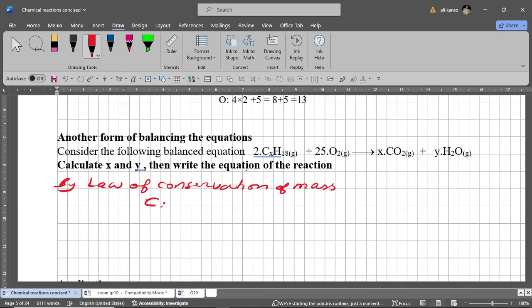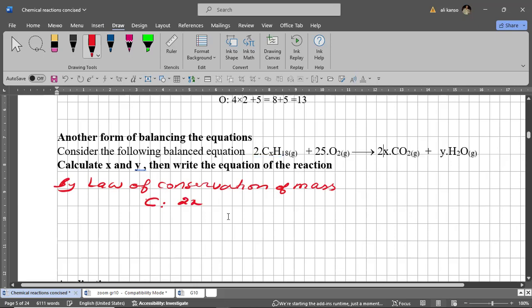Carbon: in reactants, we have 2 times x, which is 2x. In the product, also we have 2x.